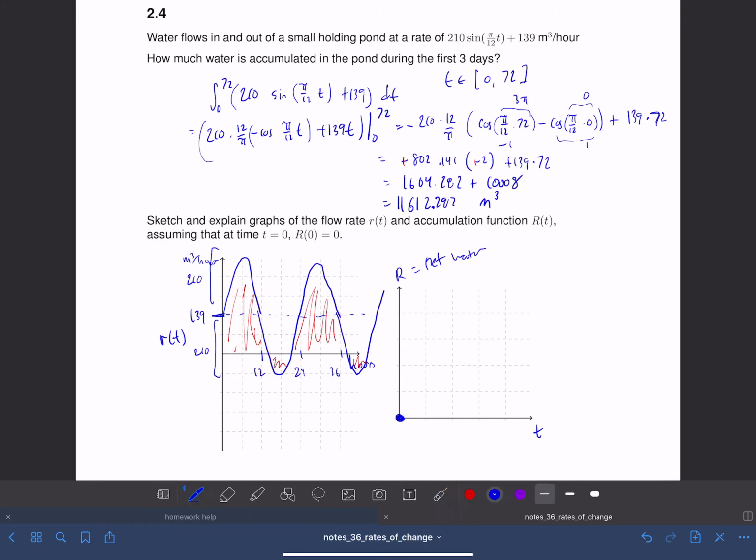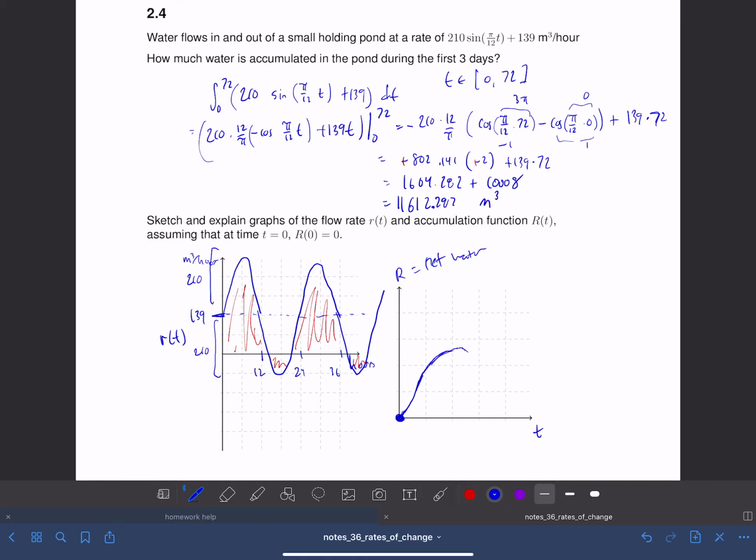At first no water has flowed, so I set the initial condition R of 0 equals 0. Then it's increasing, increasing faster, then increasing slower, and it eventually levels off sometime after 12 hours.